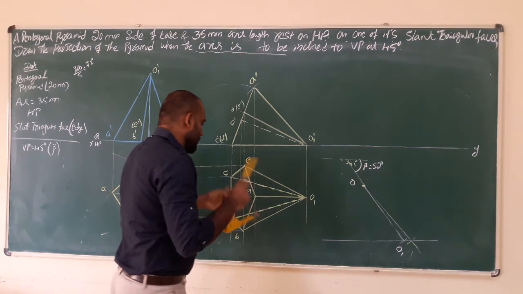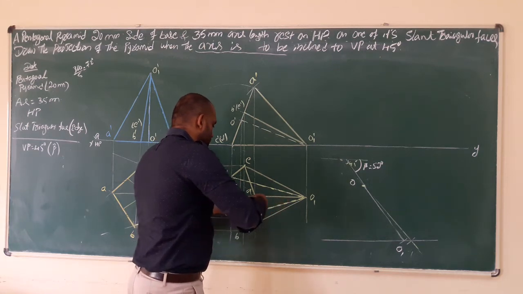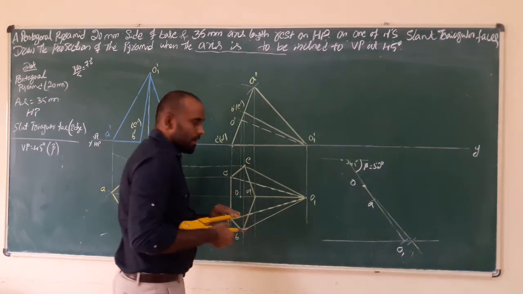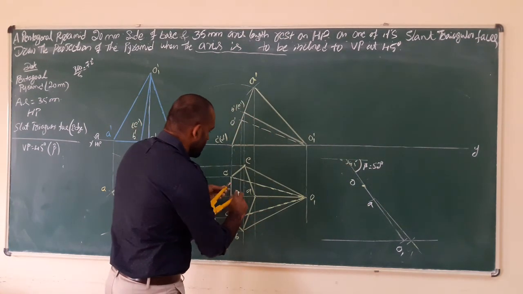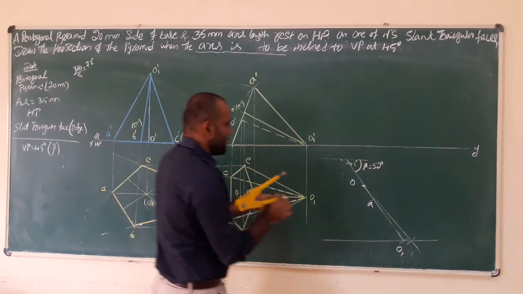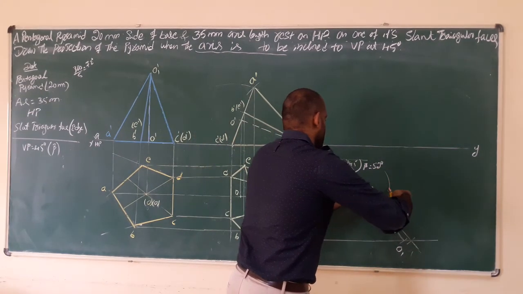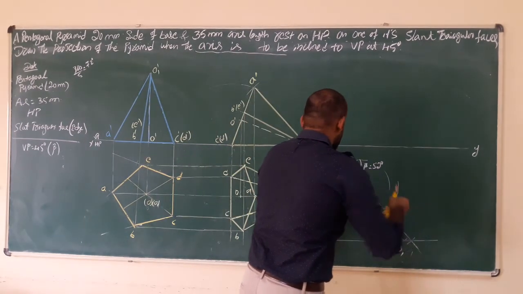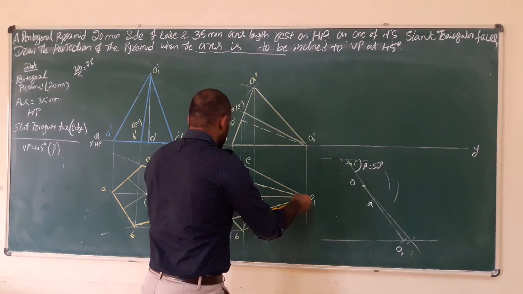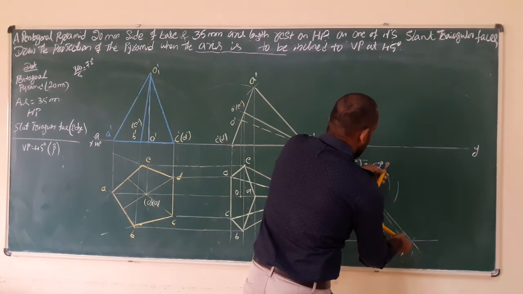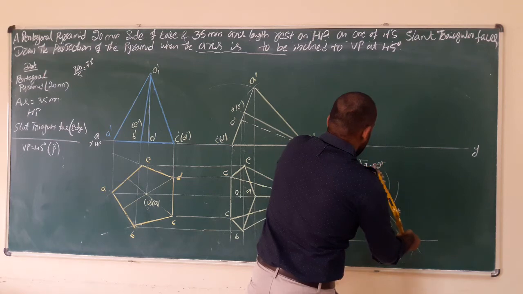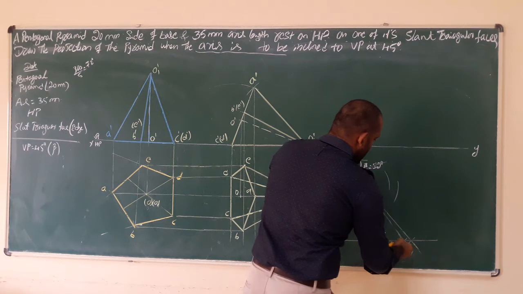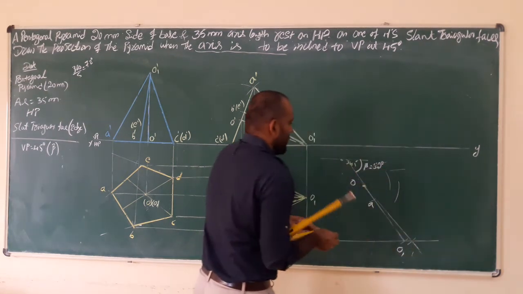After that you have to find out O to A, which is on the line. So that's why first I will find out O to A. Next O to D and O to E. Next O1 to D, O1 to E. Just you have to extend the arc.